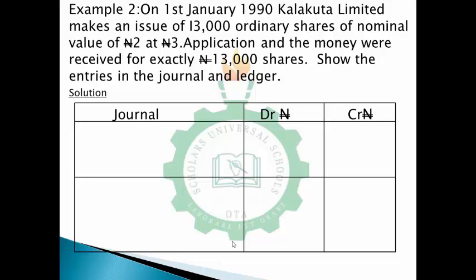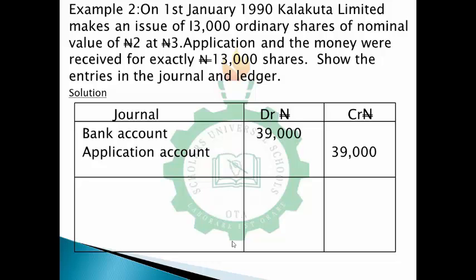And who are those paying the 39,000 Naira? The applicant. So you debit bank, you credit applicant with that money, 39,000 Naira. So you debit bank account 39,000 Naira, credit application account 39,000 Naira. Then the description should be money collected on application.